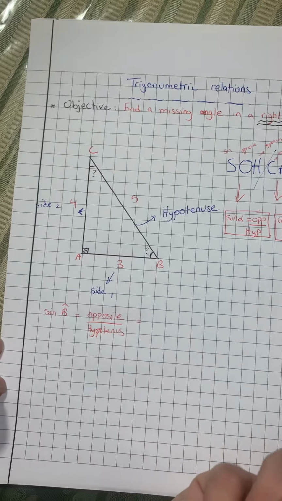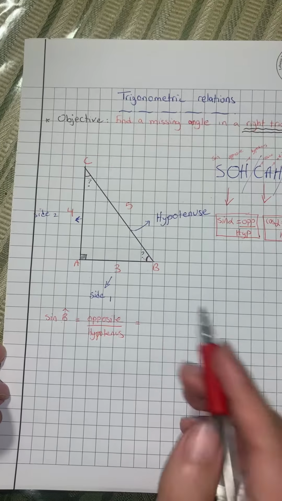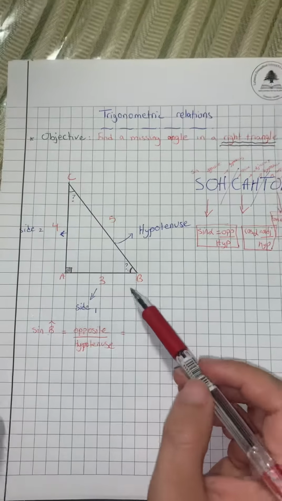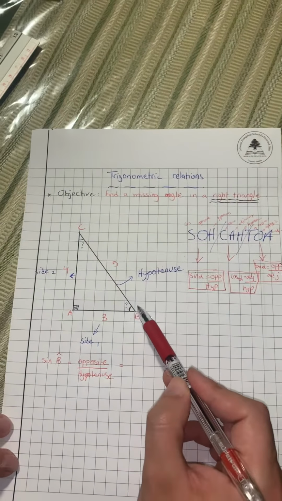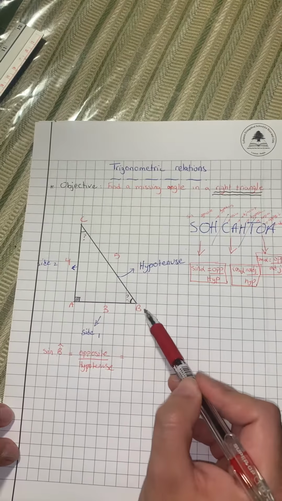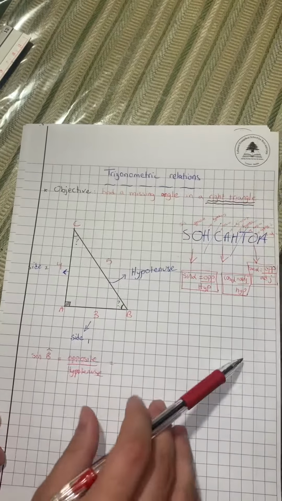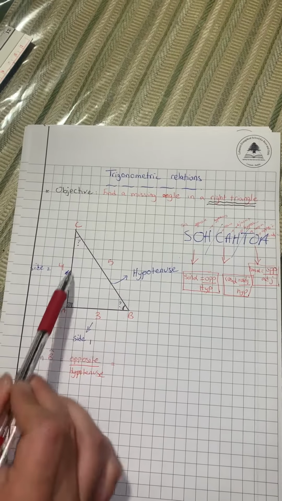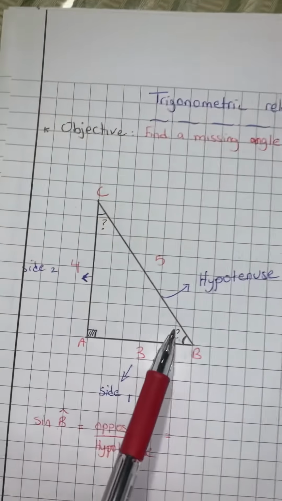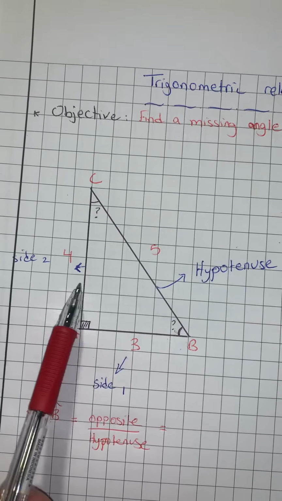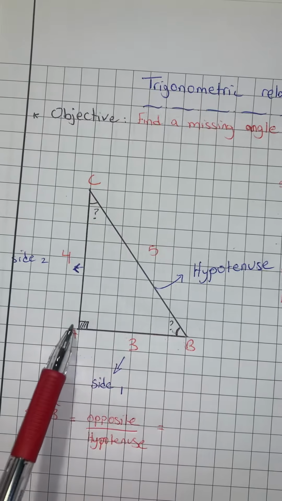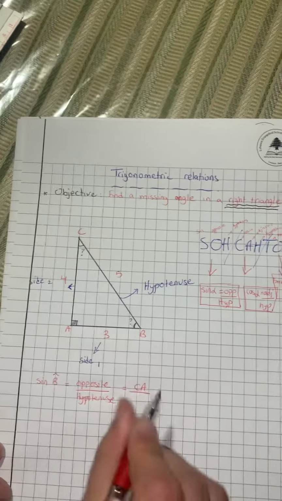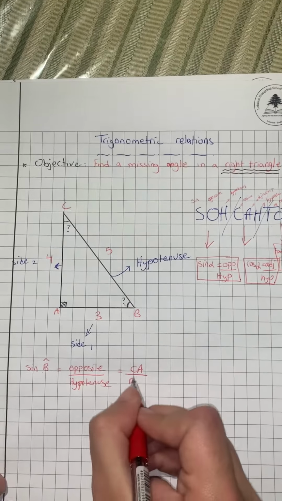Now you have to ask yourself, what is the side that is opposite to angle B? The side that is opposite, that is facing angle B, is CA. So you write CA over hypotenuse, which is side BC.